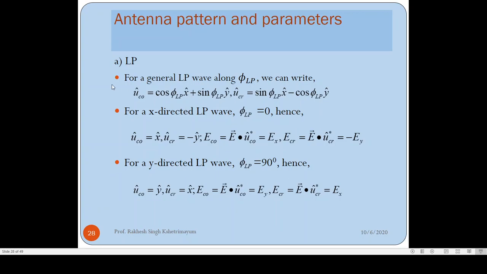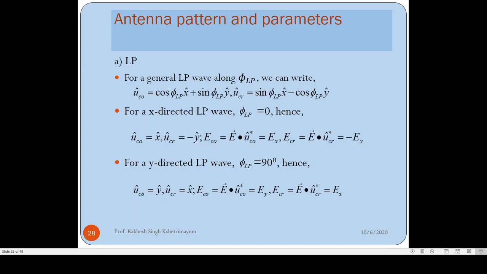If you consider this linearly polarized wave is polarized along the x-axis, in that case phi LP turns out to be 0. The angle the tip of the electric field makes with the x-axis becomes 0. In that case, the u co-component will be x hat, the u cross component will be minus y hat. You can just put phi LP equal to 0 in the previous expression.